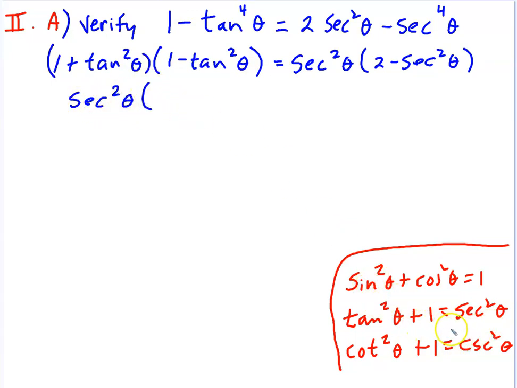And we can also, with a little manipulation, if you notice that tangent squared is the same thing as secant squared minus 1. Okay, do you see how that, if I just subtract 1 from both sides? So here, in place of tangent squared, I'm going to replace it with secant squared theta minus 1.